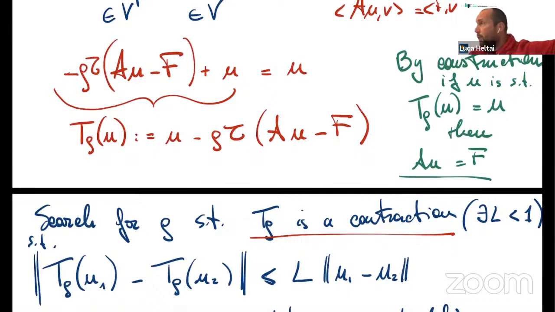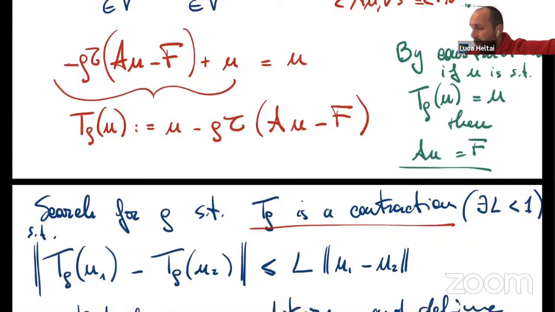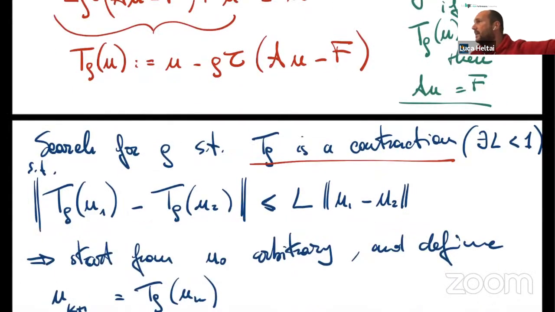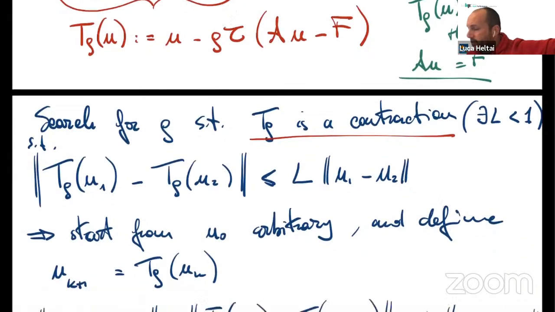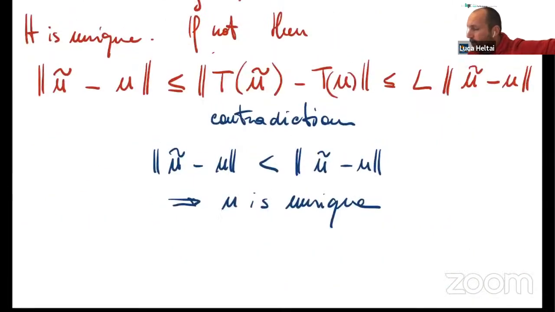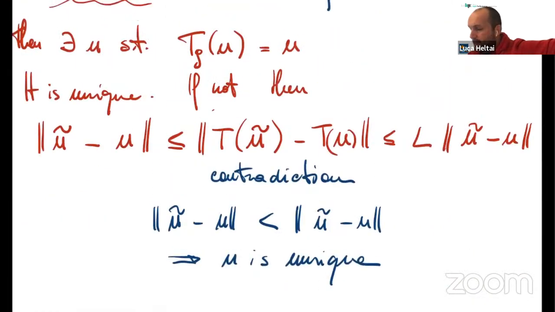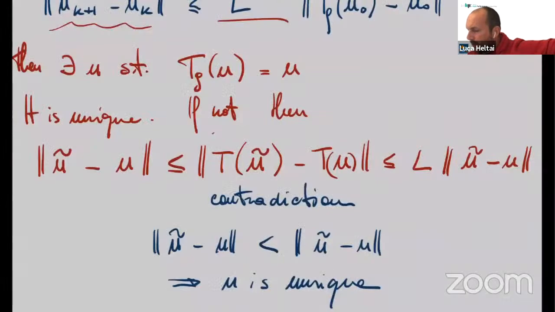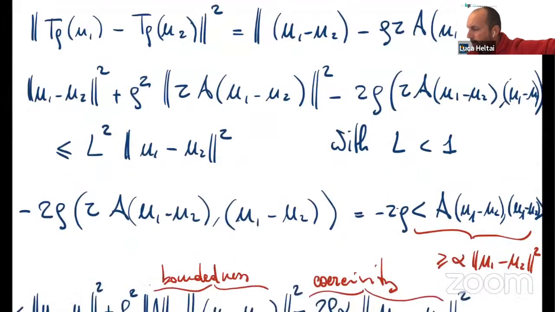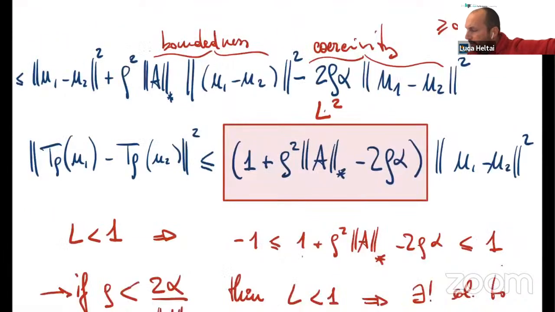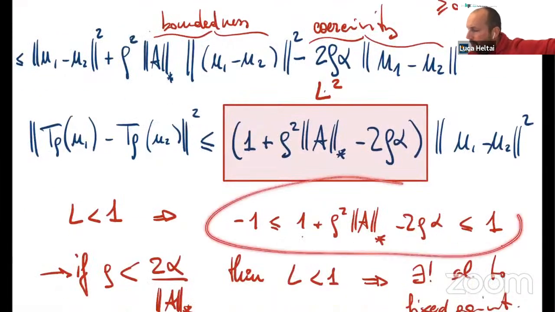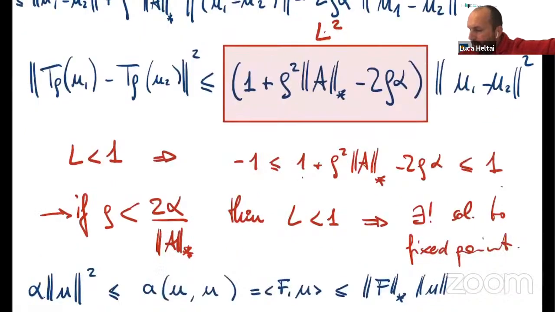This is not a contraction for any rho. It's a contraction only if this is satisfied, and this can only be satisfied if you choose rho in a good way. What I've shown here is that there is at least one way in which you can choose rho. You can choose rho such that this is smaller than 1, which is the way that you have to choose rho for that to be a contraction.